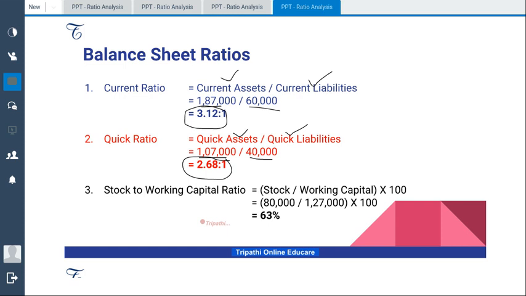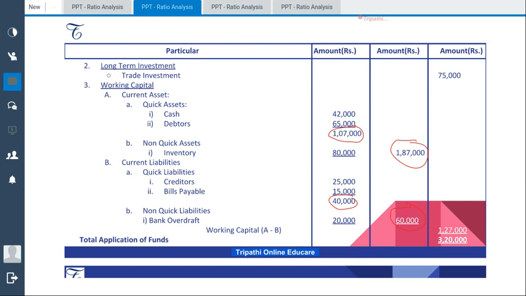Next balance sheet ratio is stock to working capital ratio. Formula is stock upon working capital into 100. So we want stock and working capital. Let us go back to the solution. So if you see stock, yes, you can say inventory, that is stock, is 80,000, and working capital is 1,27,000.